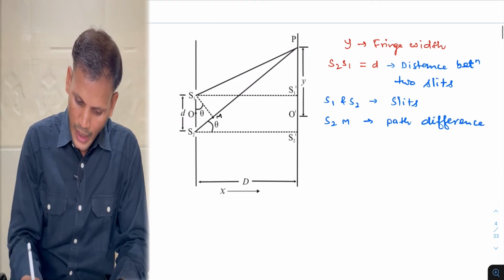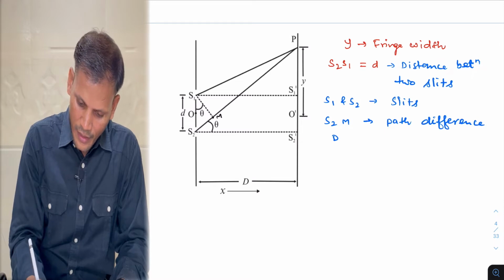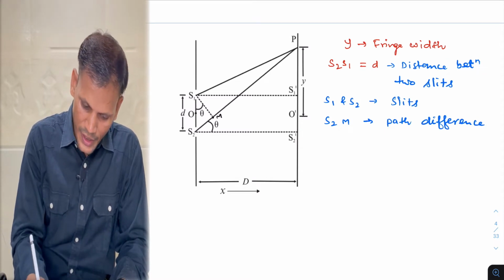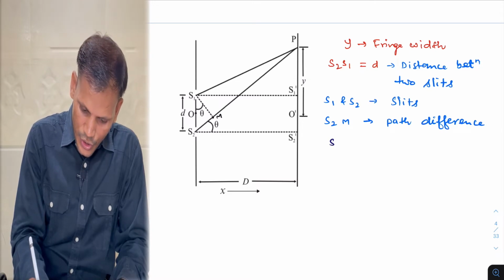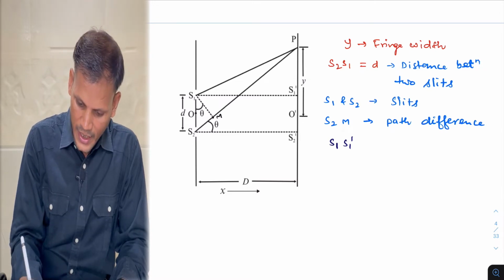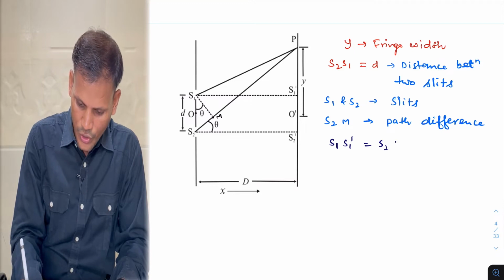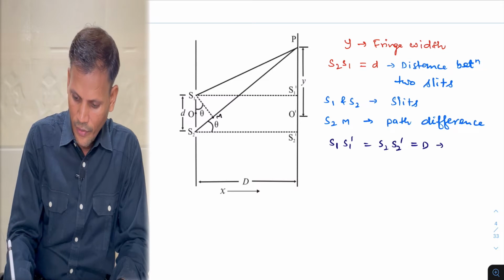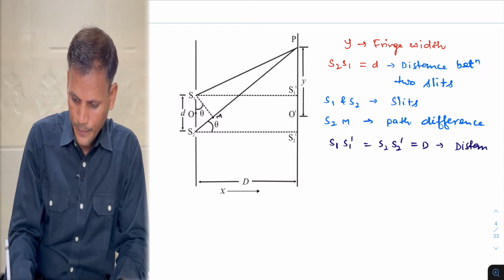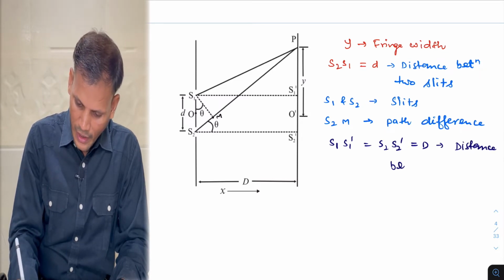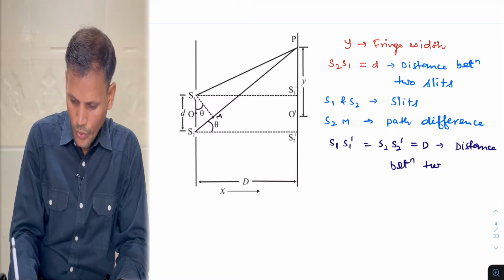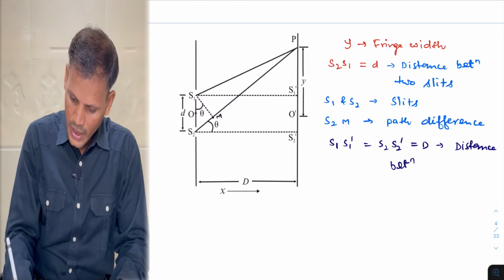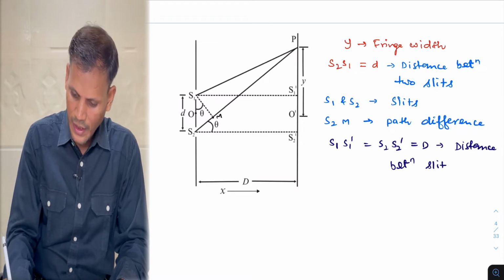Now for the capital D, we can write S1 dash equals S2 dash equals capital D, which is the distance between slit and screen.